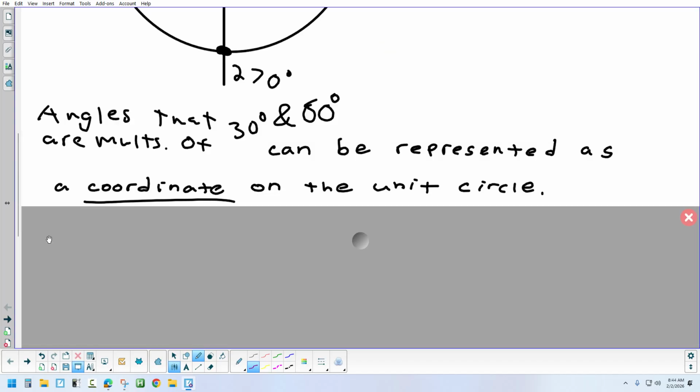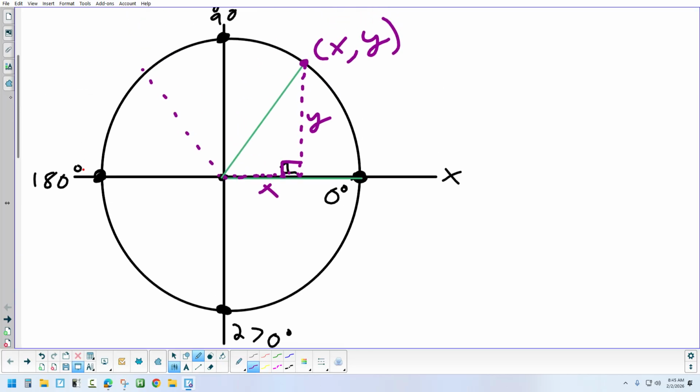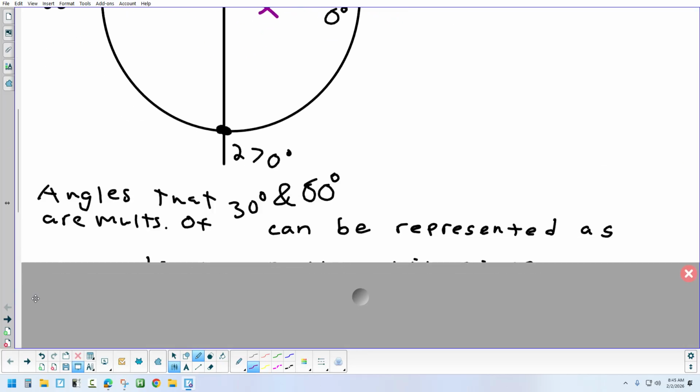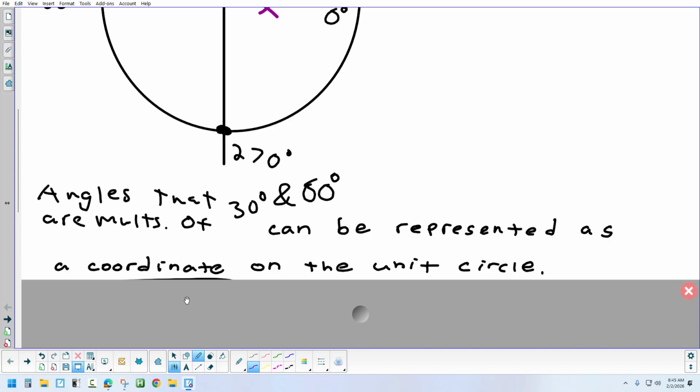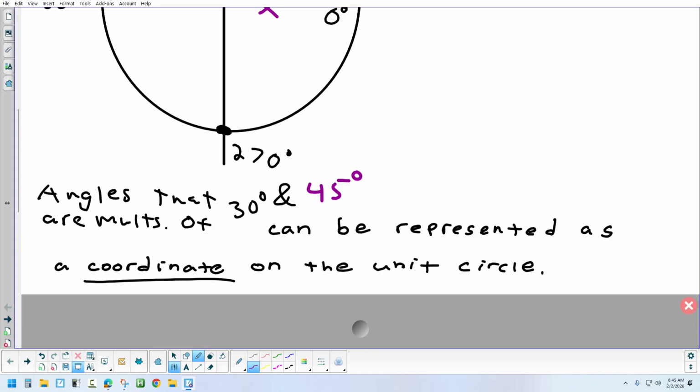All right. Now, for certain angles, this works very well. Okay? And the angles that we're going to work with are multiples of 30 and 45. So any angles that are multiples of 30 and 45 can be represented as a coordinate.